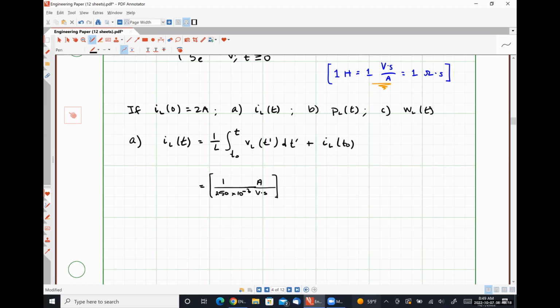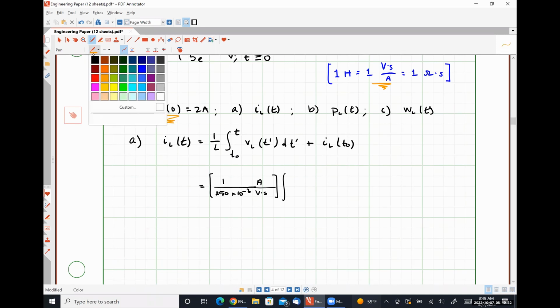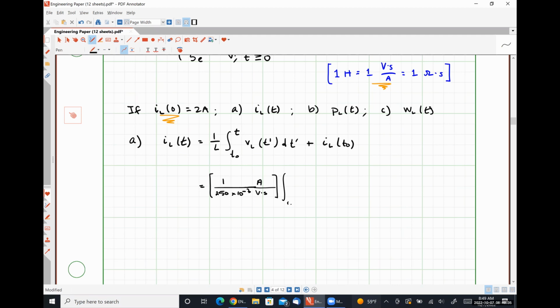All right. Now we are going to integrate from our time at which the inductor current is known, which was 0. That's told to us right here. So we're integrating from 0 to some later point in time, and we're going to get a mathematical function here.